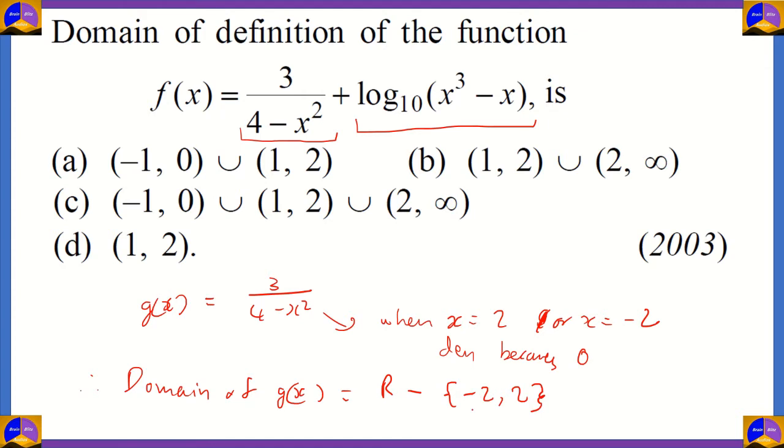So this is the domain of the first part of f of x. The second part of f of x, that is log to the base 10 of x cubed minus x, can be written down as h of x. So h of x is log to the base 10 of x cubed minus x.